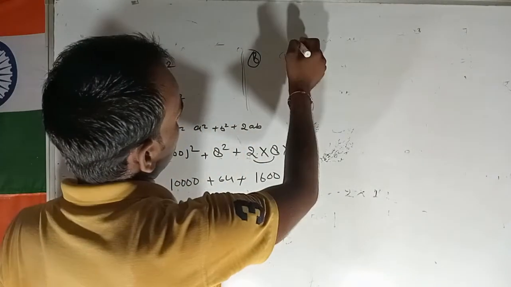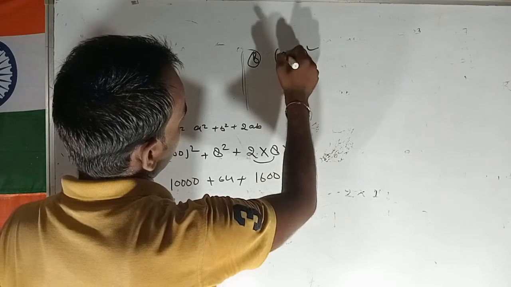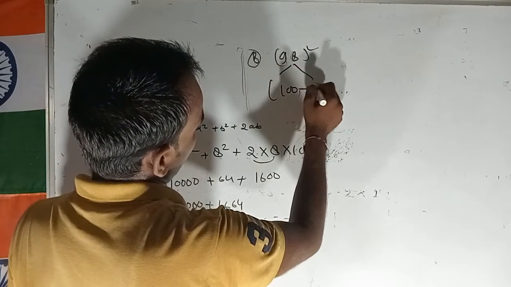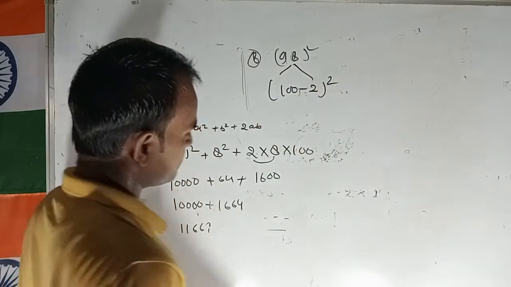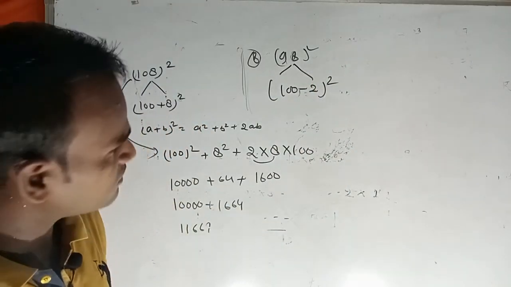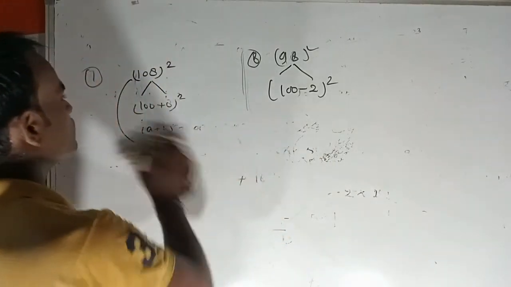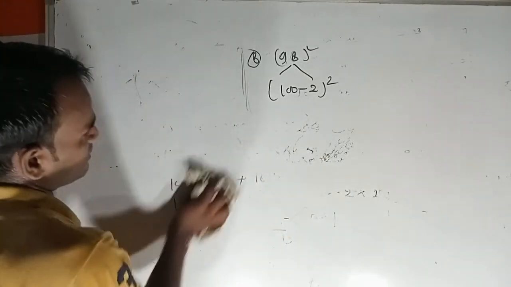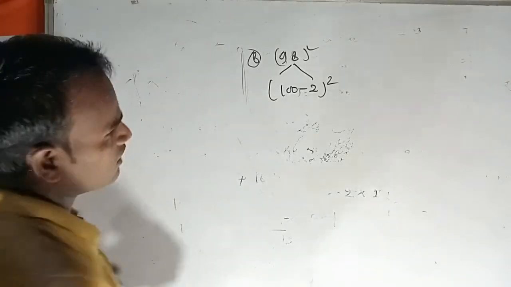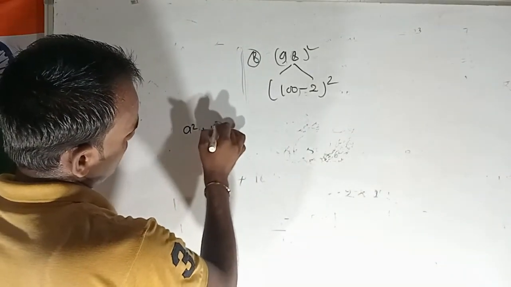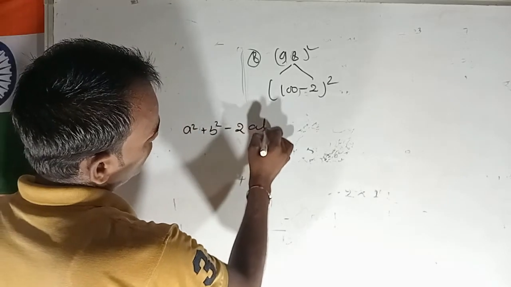So for 98 squared, we will also split it into two parts: (100 minus 2) whole squared. Similar identity we will use. It seems to be clear for you. So what will be the value of this? a squared plus b squared minus 2ab.